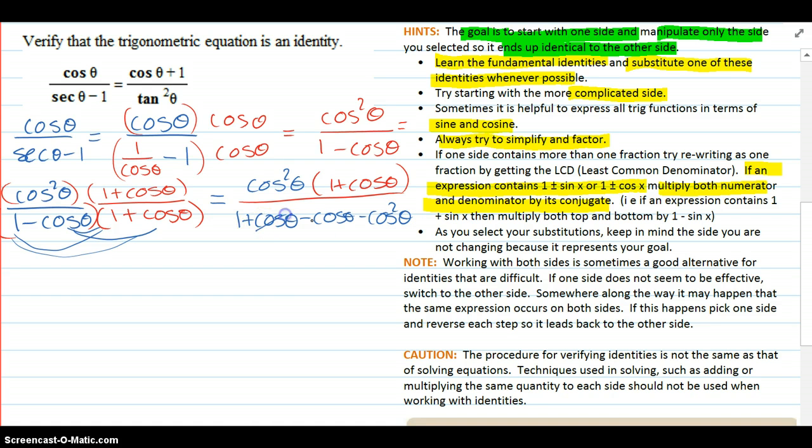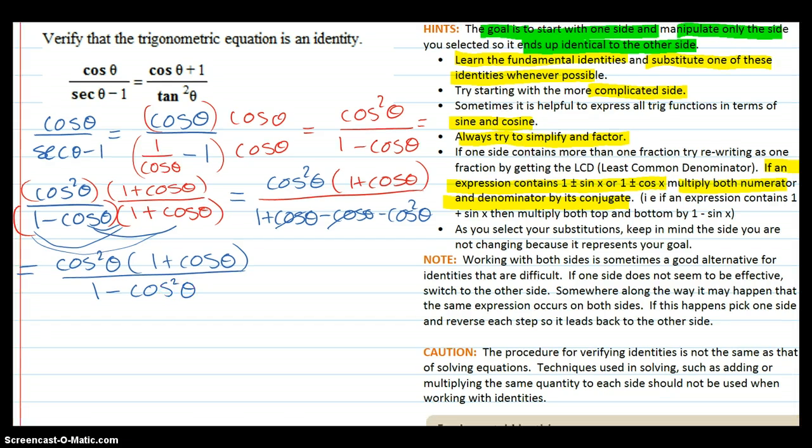Now notice how those middle terms cancel. So what we end up with is, I'll just rewrite the numerator the same, but the bottom is now going to be 1 minus cosine squared theta. Getting closer. Okay, 1 minus cosine squared theta you should recognize as sine squared theta. To show that, let me scroll down.